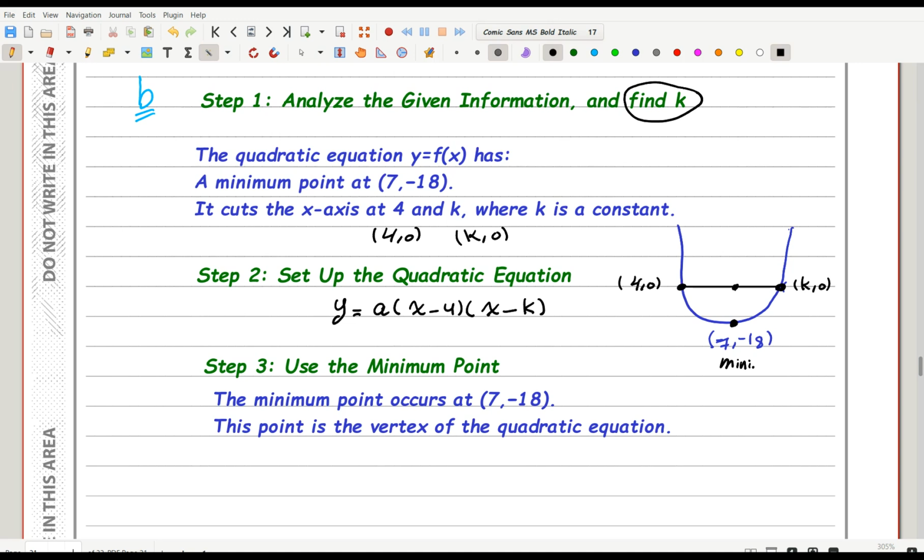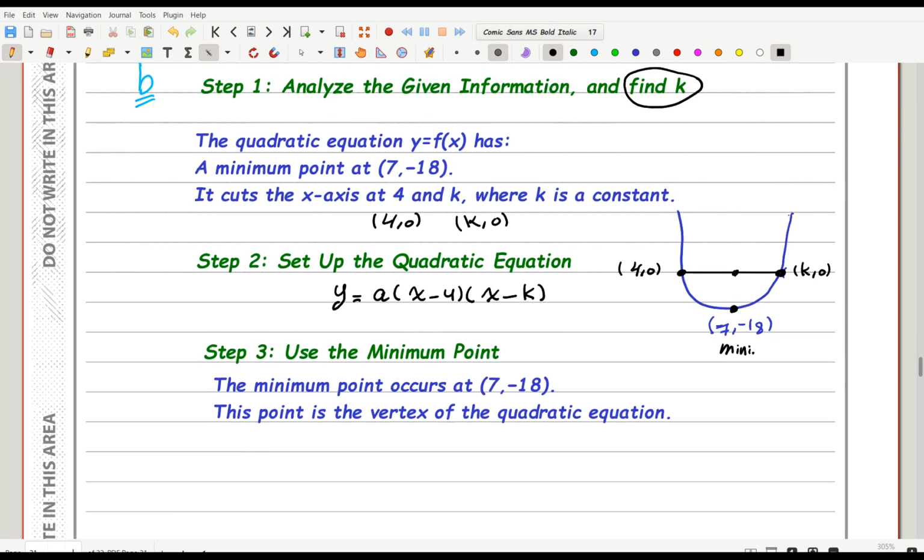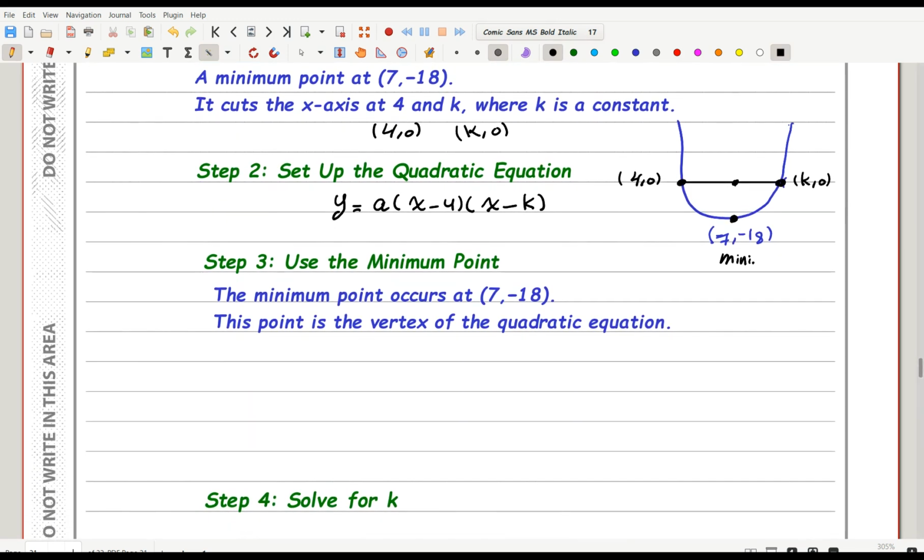Now using the minimum point here, (7, -18), this point is the vertex of the quadratic equation. For a quadratic in this form, the x-coordinate of the vertex is the midpoint of the roots. So the midpoint equals (4 plus k) over 2.